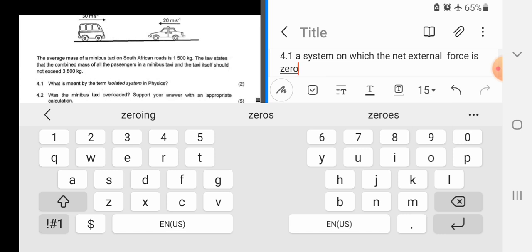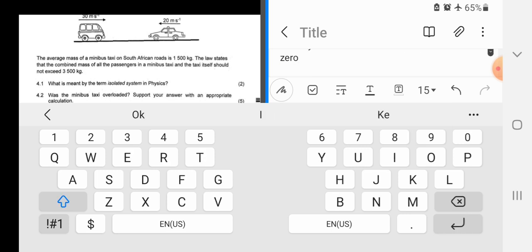So that's what they mean when they talk about an isolated system.